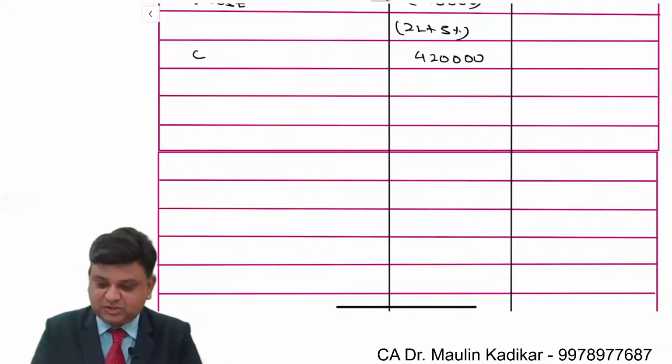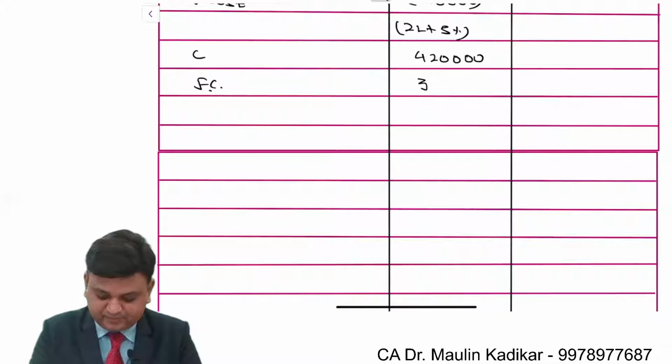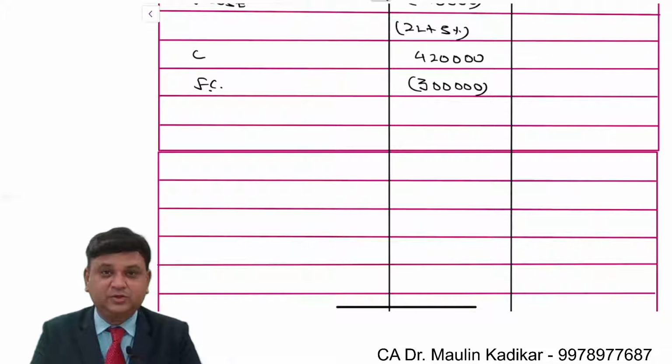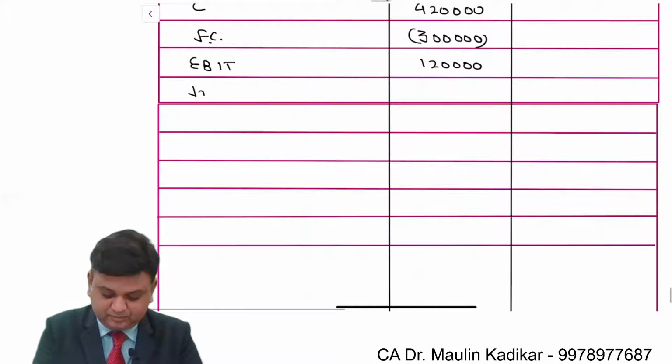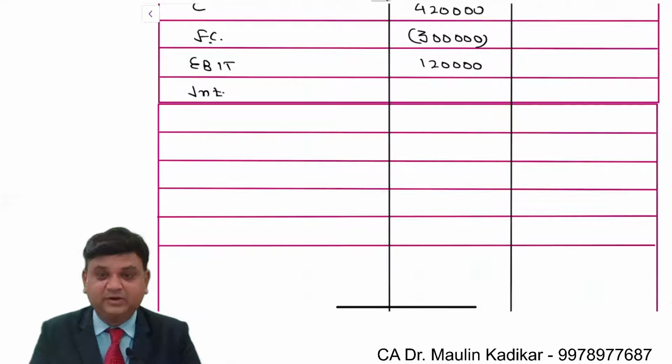Next is the fixed cost. The amount of the fixed cost is 3 lakhs. Contribution minus fixed cost will give EBIT, that is 1,20,000. The amount of the interest is 30,000.